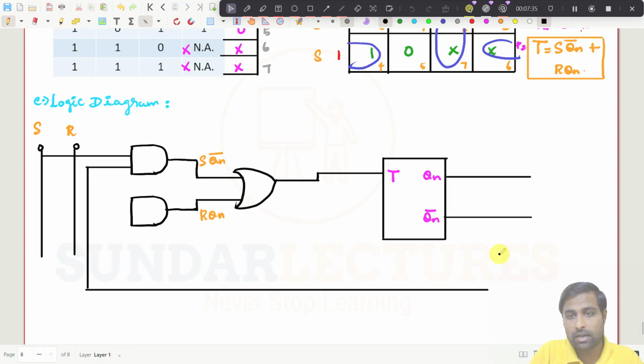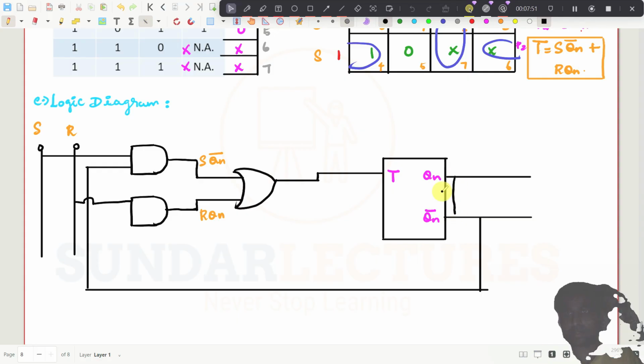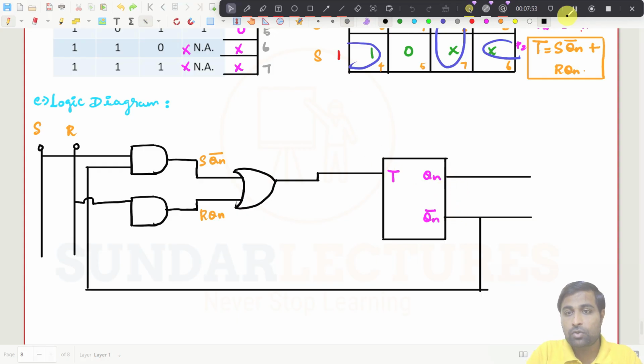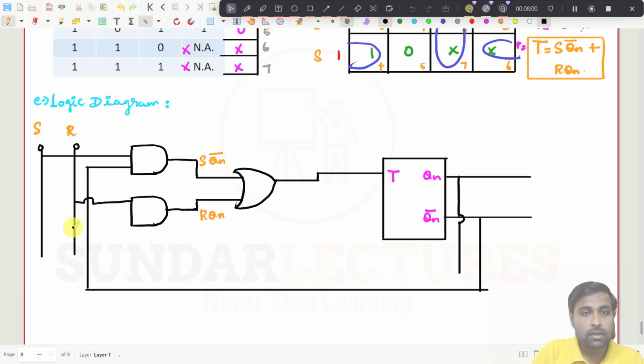So QN bar is here. And what is this one? One should come from R, and the other one should come from QN. It should come from Q. Where is this one? It is here. So it should come from here.